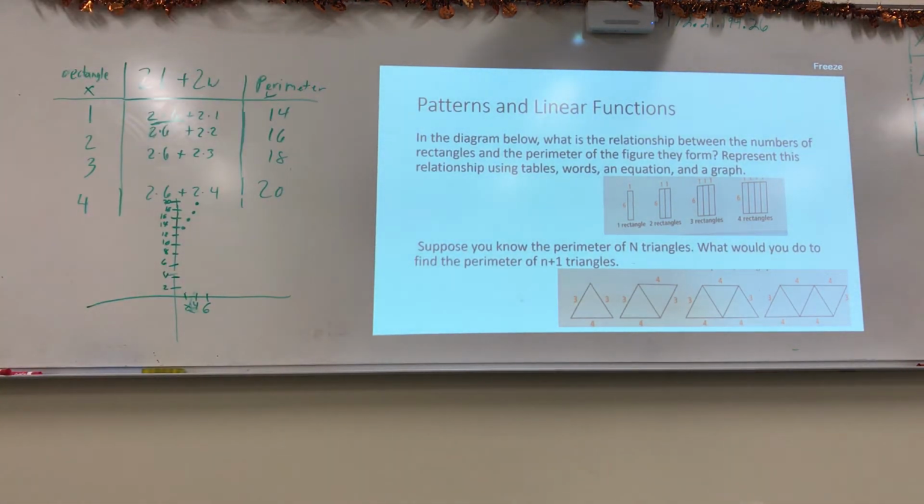Okay, now we got the one with the triangle. Suppose that you know the perimeter of n triangles. What would you do to find the perimeter of n plus 1 triangles? So, this one's an interesting one.